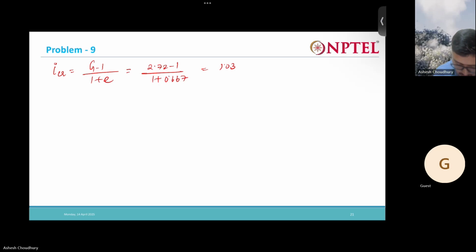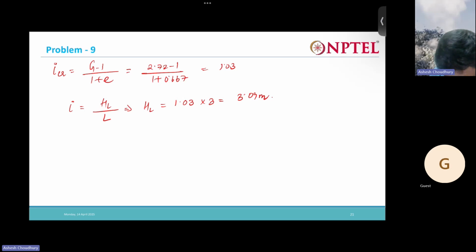If I want to find it out, head loss by length, so our head loss is hydraulic gradient 1.03 times 3, so 3.09 meters. So for a head of 3.09 meters, we will get this quicksand condition.